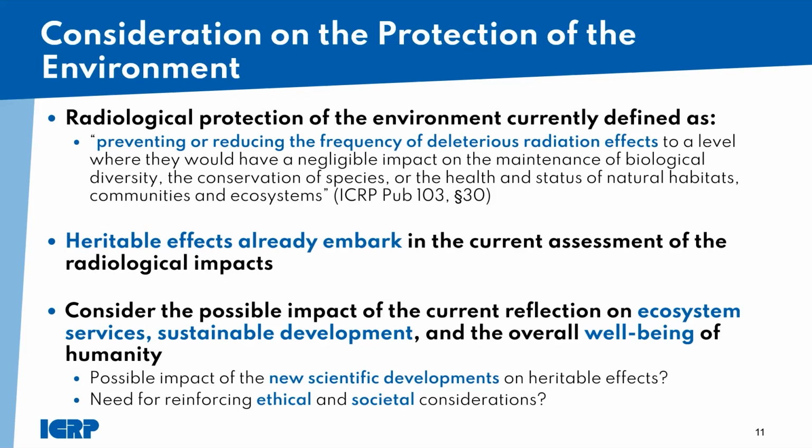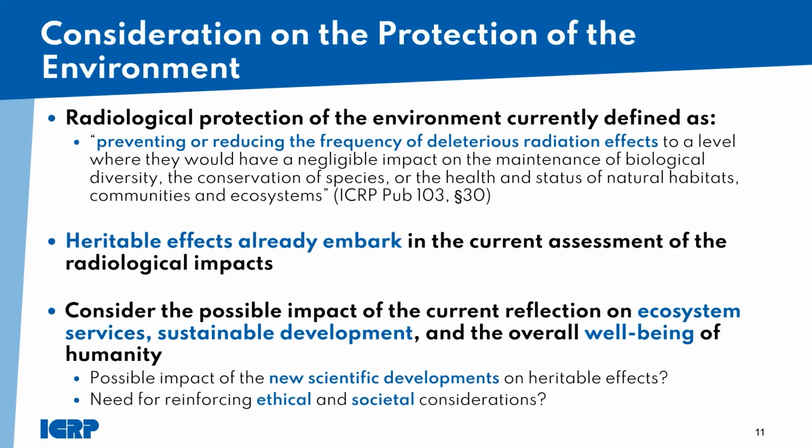Is it something to be further investigated, depending on the scientific knowledge on heritable effect for the environment? Probably for the fauna, it's not so challenging. It could be more challenging possibly for animals, including the pets. Do we have to consider something or not?